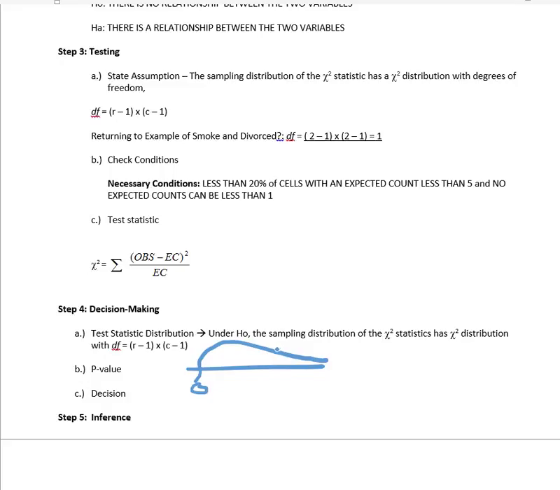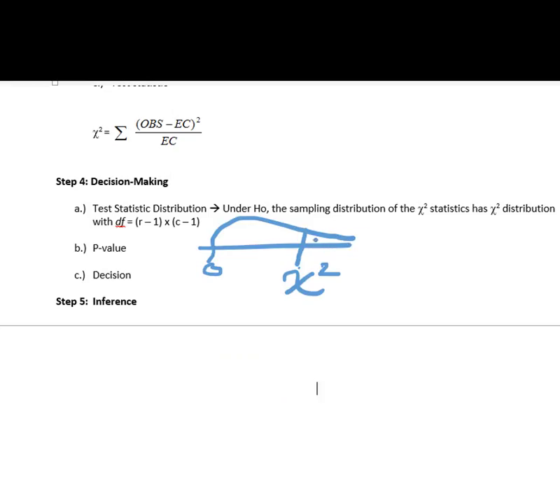Now there are different curves depending on their degrees of freedom, and we've already talked about how to measure that. When you calculate the chi-square, it does the same thing that the t and the z did. It gives you a location on your curve. So here we would have our chi-square locating us on the curve. So because of the nature of these problems, you're always looking for the probability of getting what you did or something more extreme. So the chi-square measures how different your observed counts are from what you would expect to see if there was no difference.